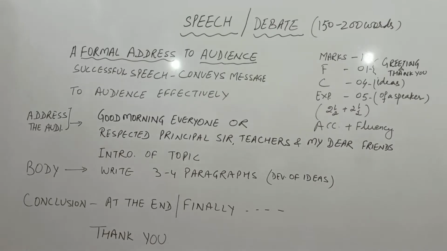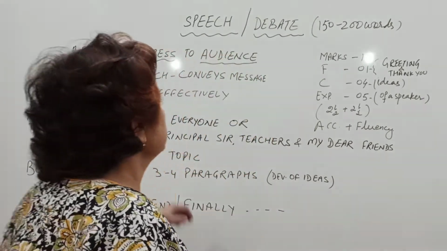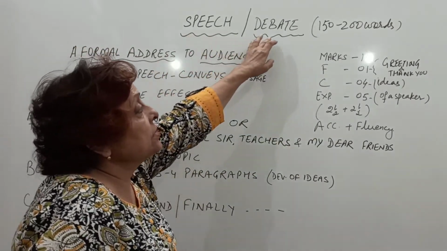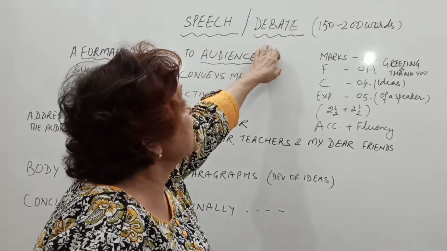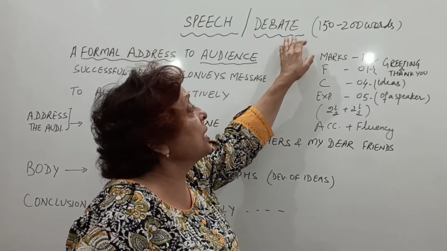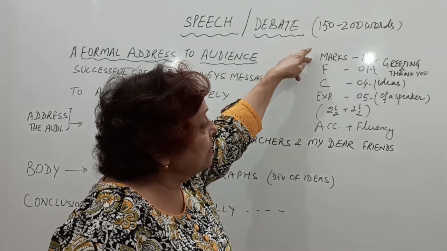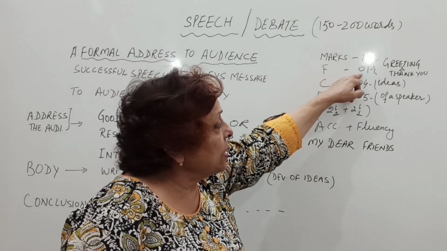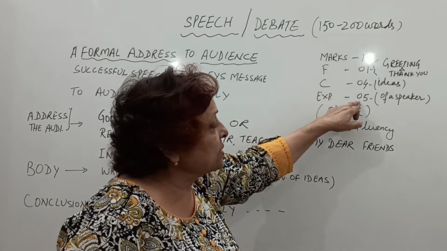Now the next topic on writing skills is speech or a debate. How to write a speech or a debate? Again, this question has to be attempted in 150 to 200 words. Marks are 10. Format 1 mark. Content 4. Expression 5 marks.